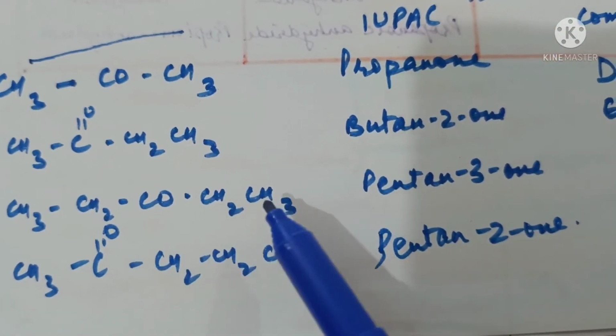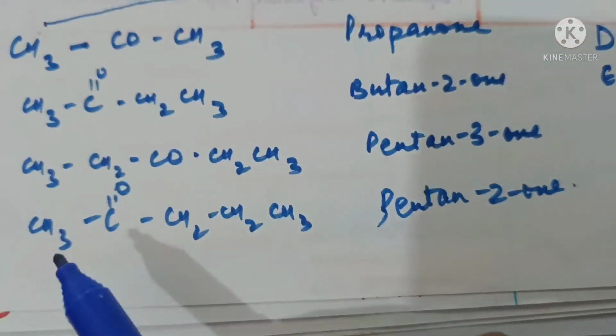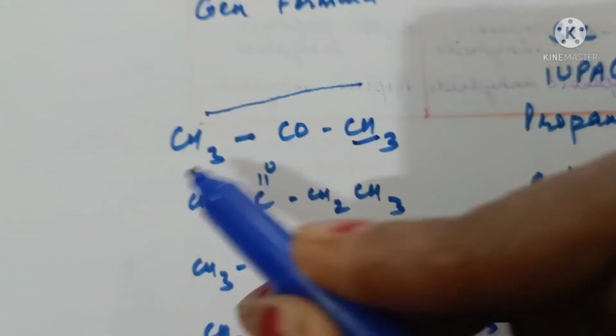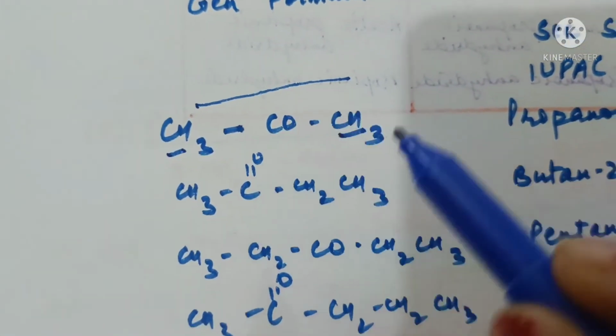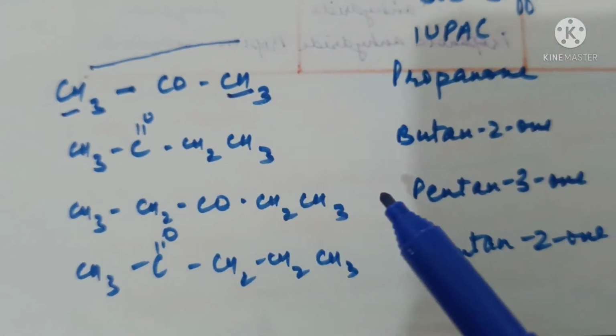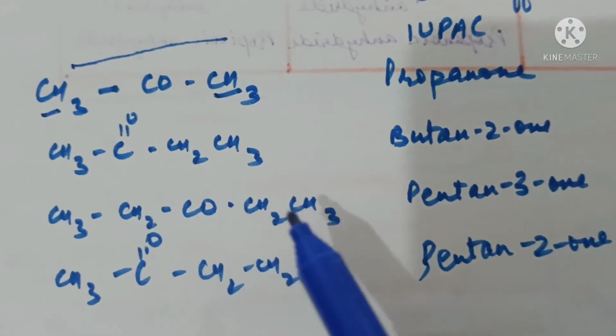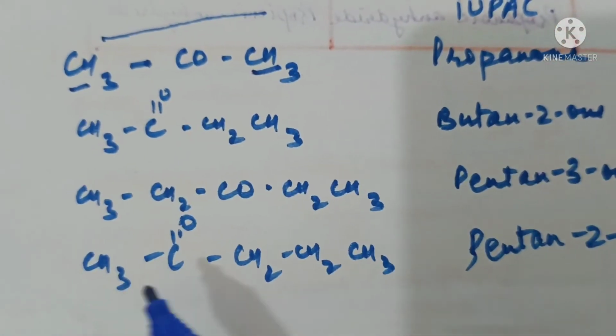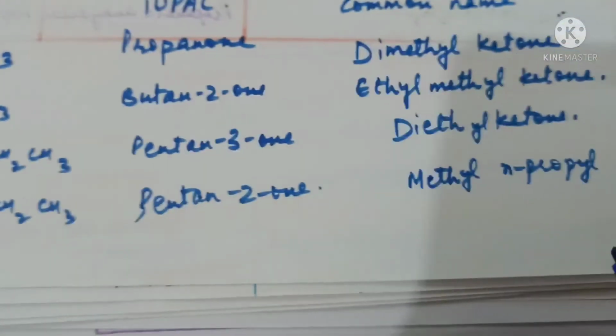This will be called pentan-3-one. This is pentan-2-one. In common system, it is called dimethyl ketone. This will be called ethyl methyl ketone. This will be called diethyl ketone, and this will be called methyl propyl ketone.